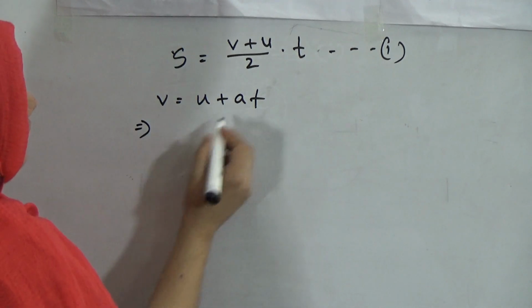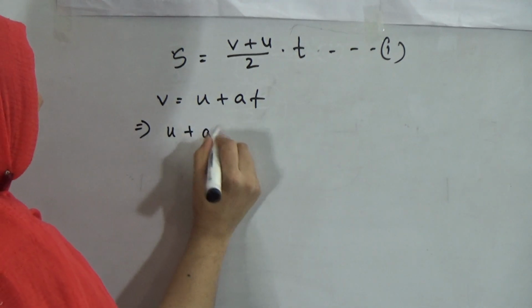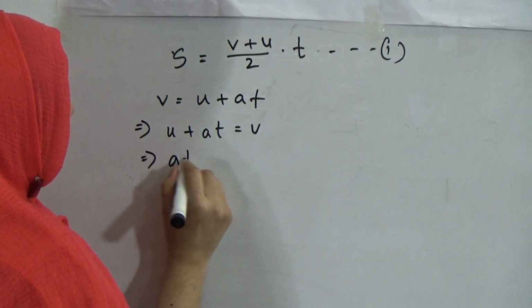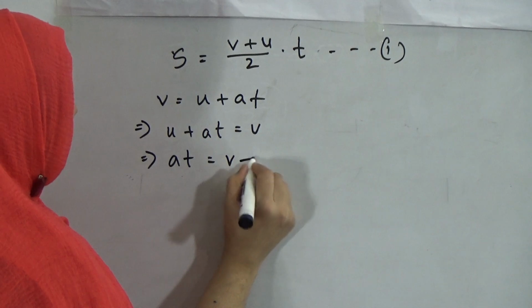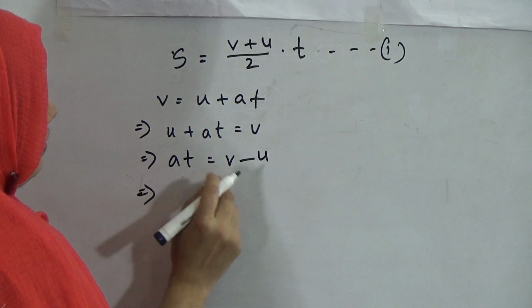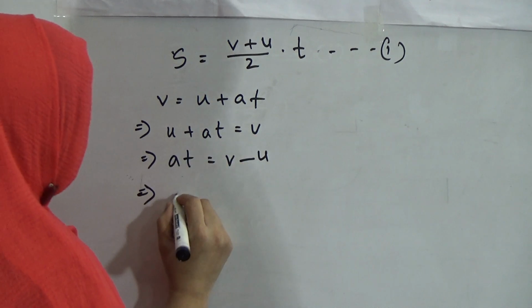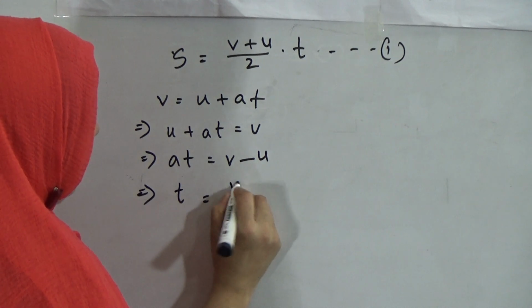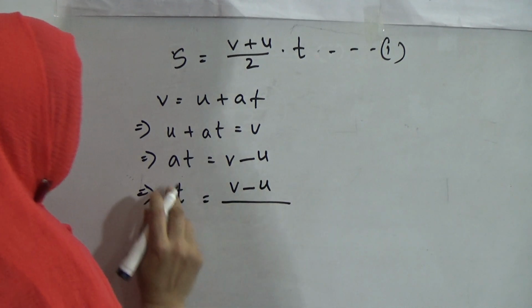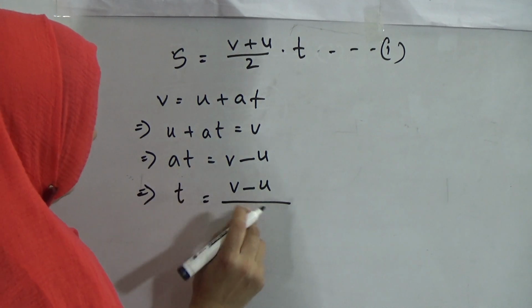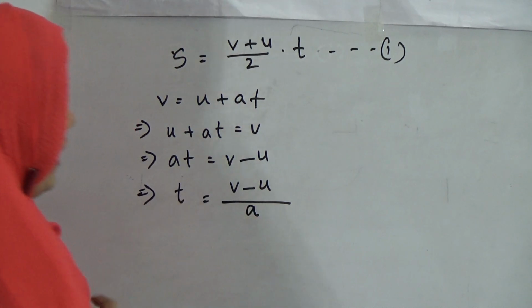Now u plus at equals v, so at equals v minus u. Now we have to find the value of t. Multiplication becomes division, so t equals v minus u divided by a.